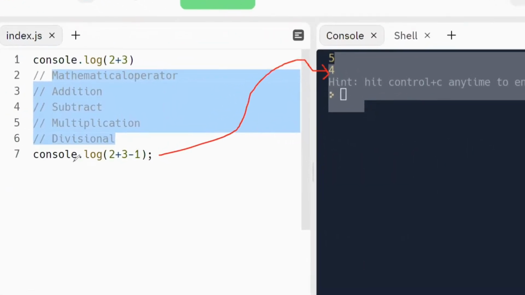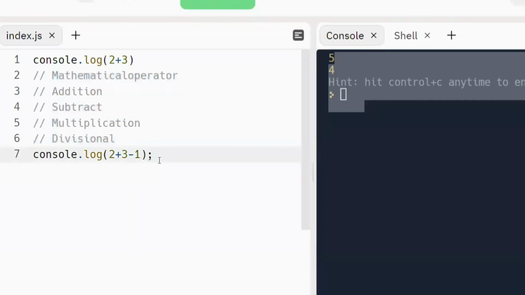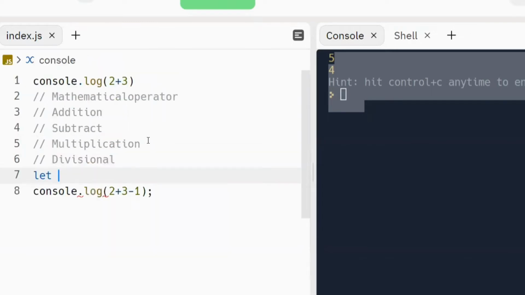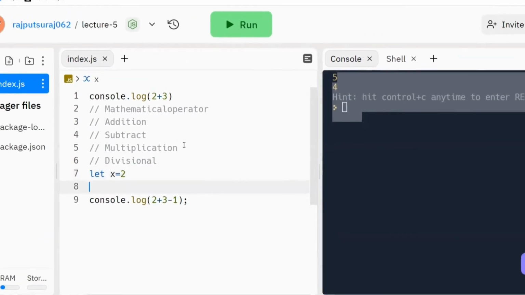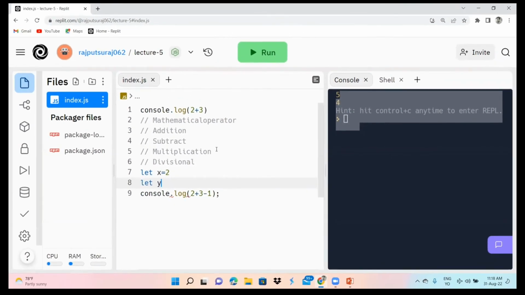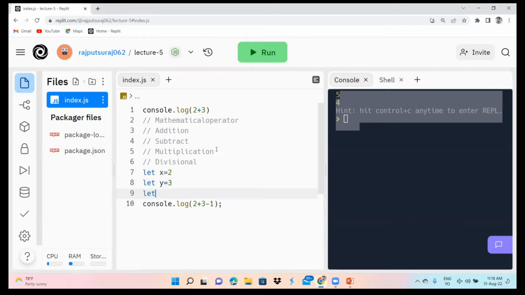You can also assign variables. Just like I can say let x is 2, let y is 3, and let z is 1.